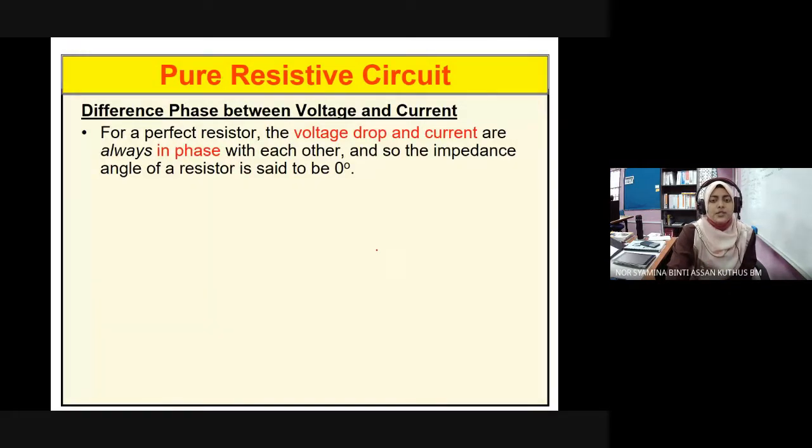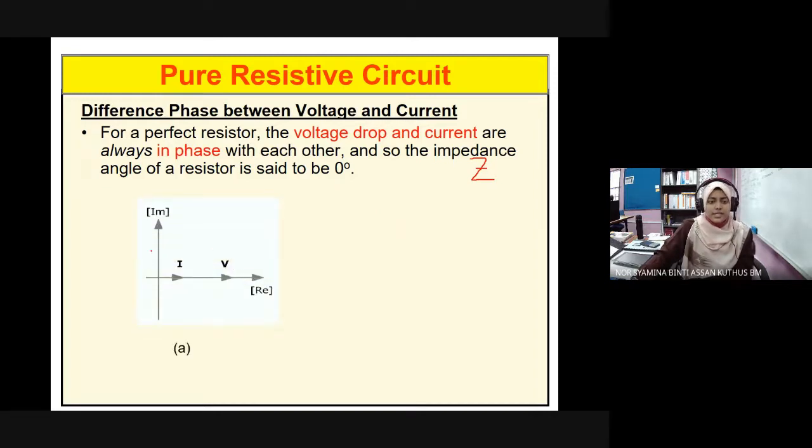Okay. And so the impedance angle of a resistor is said to be 0. Apa itu impedance? Z tadi. Impedance ini adalah Z. Okay, impedance is Z. Okay, so in phase. Ini bermaksud dia tidak ada phase difference.